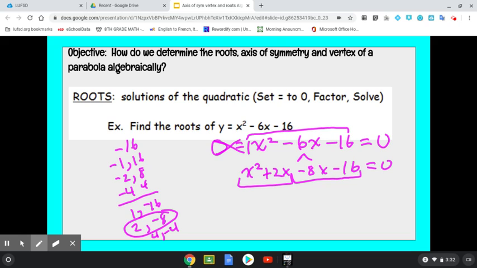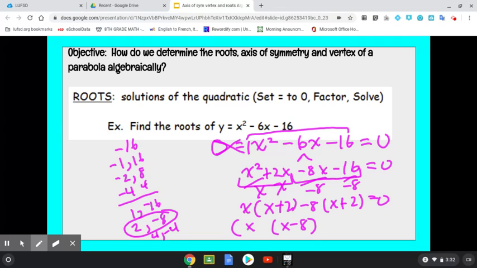Group it. Factor out your GCF, which is x for this one. Get x minus 8. Your GCF here is 2, so you bring out your 2. You get x minus 8 equals 0. Therefore, your factors are x minus 8 and x plus 2 equals 0. And then our next step is to tee it off and find your solutions.